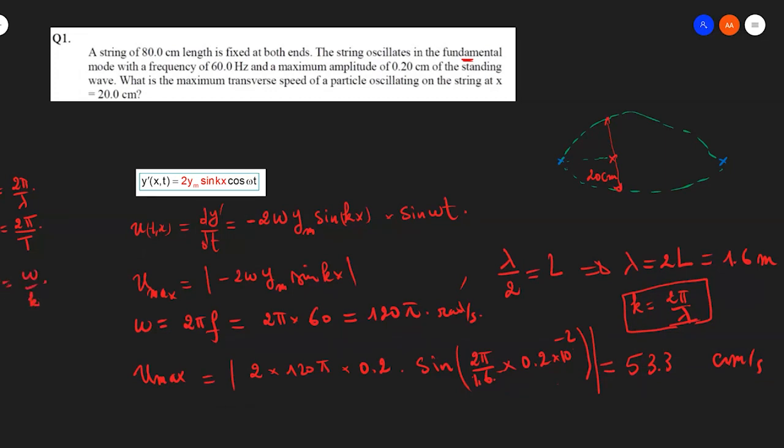This is for v. Here, 1 over T is f. So we have this relation.